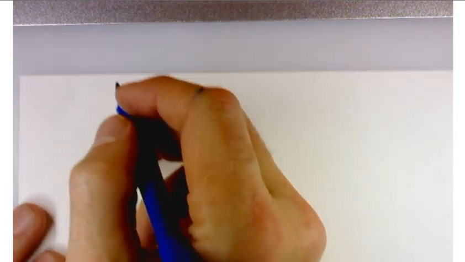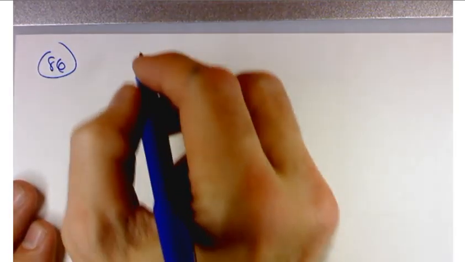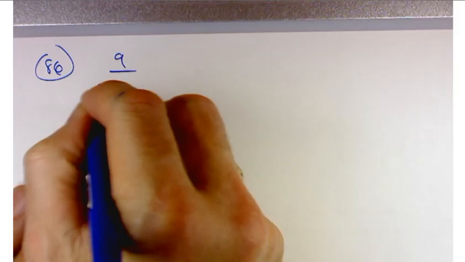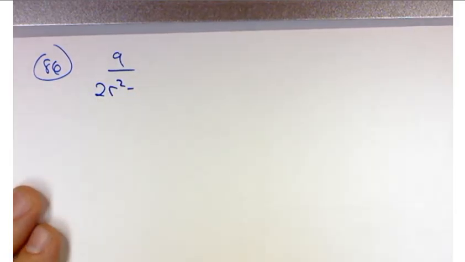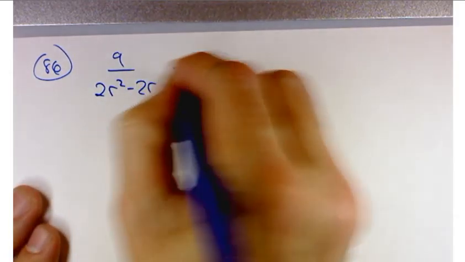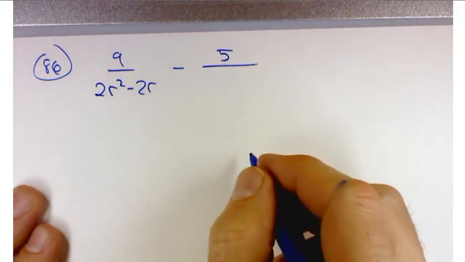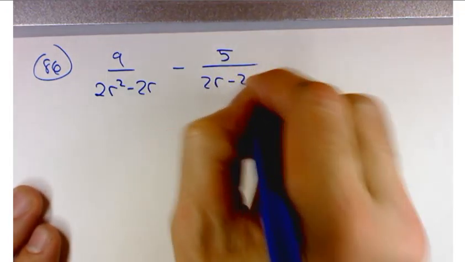So 86, I'm going to want you guys to help each other out. I'll walk around and help out as well, but help each other out. It's 9 over 2r squared minus 2r minus 5 over 2r minus 2.